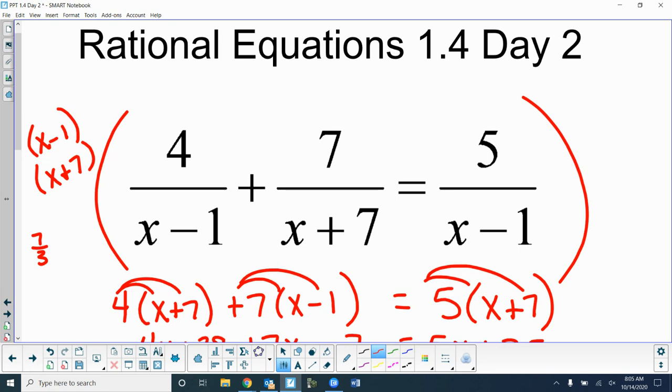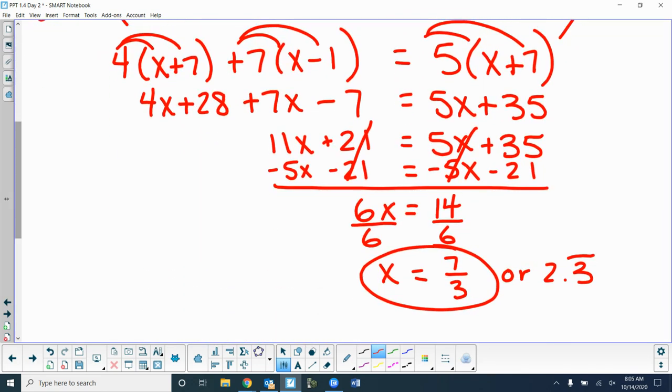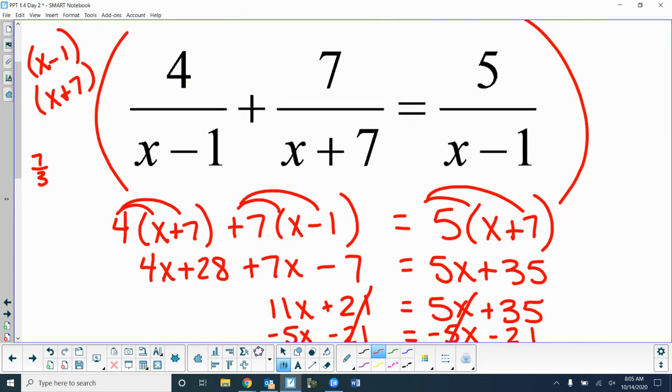So you always check these. If your answer, whatever you get, when you plug it back into the original, gives you a 0 in the bottom, you can't use it as an answer. But no, 7/3 minus 1 is not 0. 7/3 plus 7 is not 0, so I'm okay. If I would have gotten a 1 or a -7 as an answer, I wouldn't be allowed to use it because that would give me 0 in the denominator. So you always have to check these.